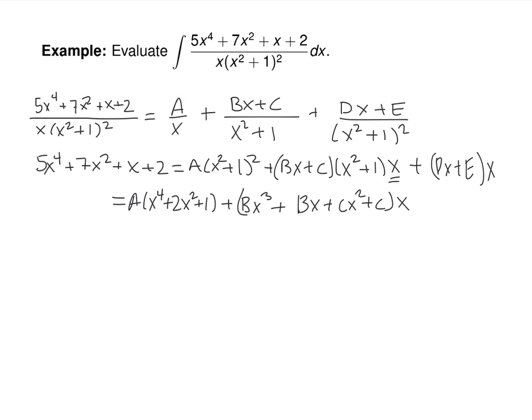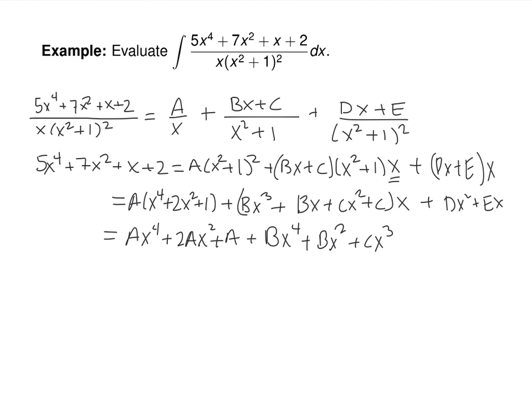I almost did, that's why I paused for a second there. And then lastly, plus Dx squared plus Ex. Okay, now distribute that x, and we'll have Ax to the 4th plus 2Ax squared plus A plus Bx to the 4th plus Bx squared plus Cx cubed plus Cx plus Dx squared plus Ex.